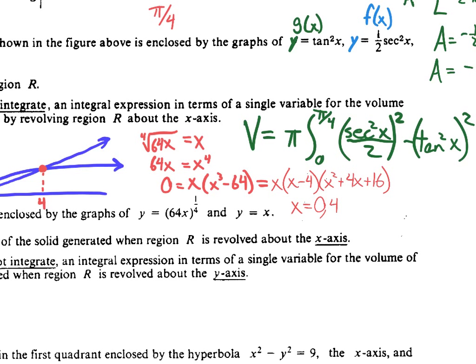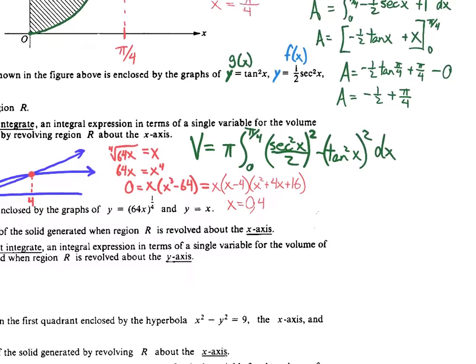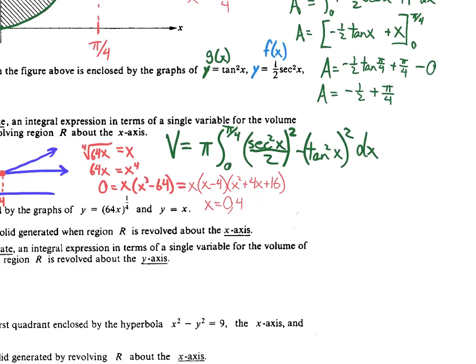Also, if I know how to draw it, I know that that's what's happening too. So here the integral, I'm taking the integral for my area from 0 to 4 of the fourth root of 64x minus x dx.